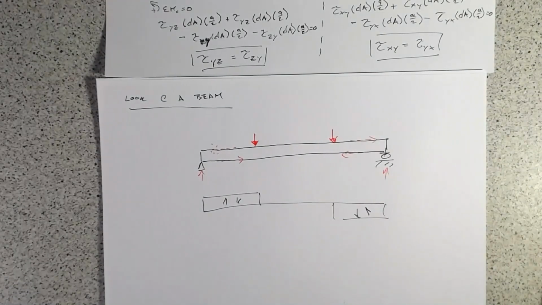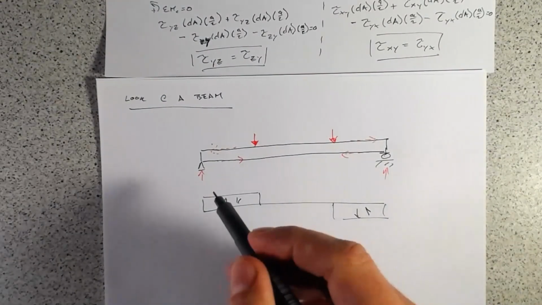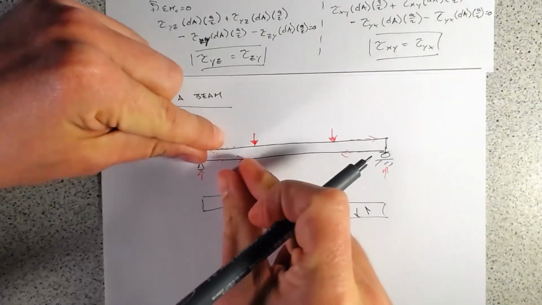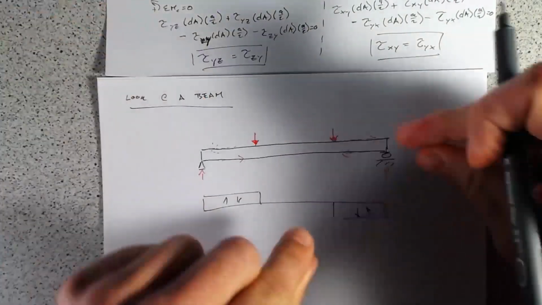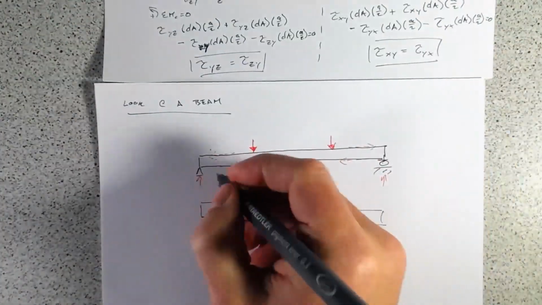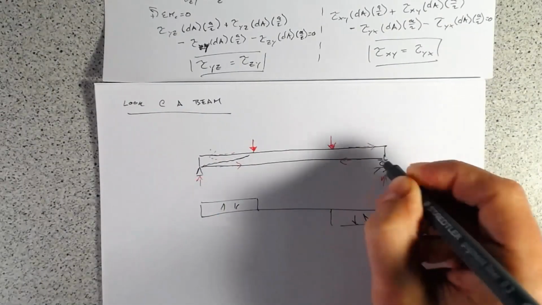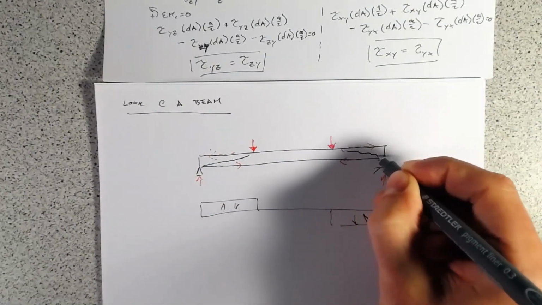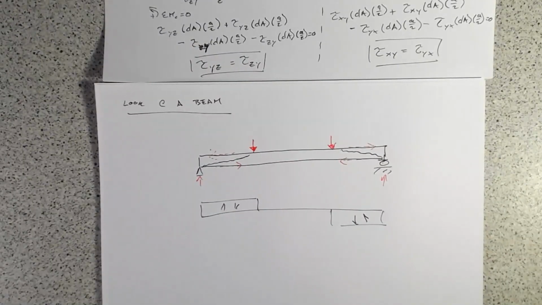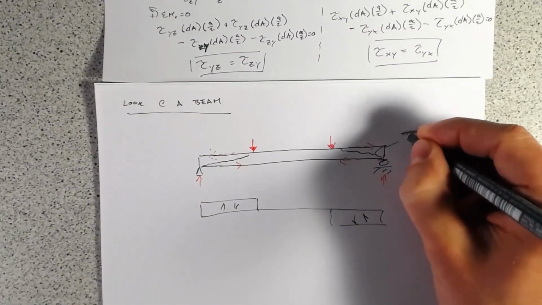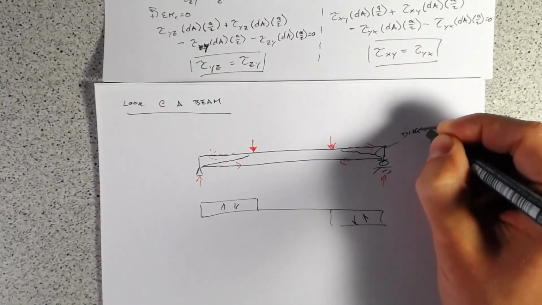Which means that as we load this up, for this to fail in shear, these are really trying to pull apart like this and pull apart like that. And so we end up with a simply supported beam with these diagonal shear cracks.